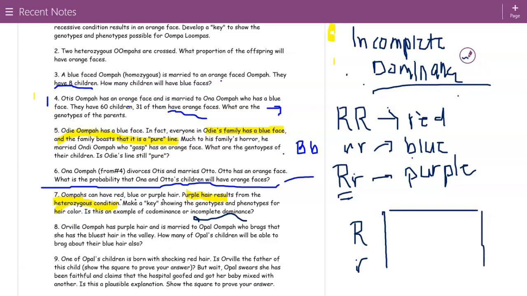Square time. Okay, Opal has the bluest of the blue hair. So she has that phenotype.